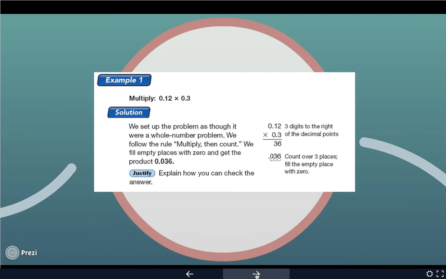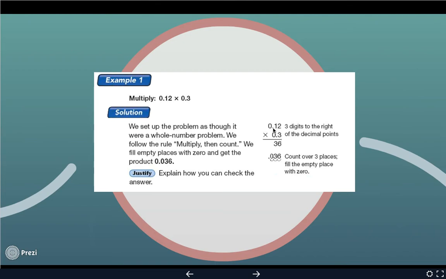Here's our example number 1. 0.12 or 12 hundredths times 3 tenths. What we're going to do is multiply like normal. 3 times 2 is 6. 3 times 1 is 3. We're not going to do our zeros because zeros obviously will end up being a 0 when you multiply. Then we're going to count our decimal spaces.